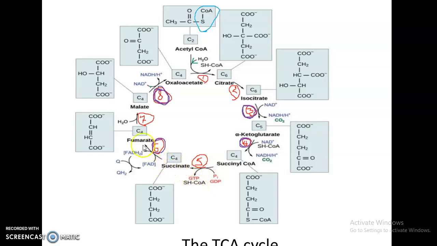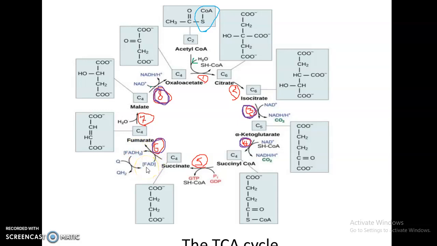Then succinate will be converted into fumarate. The compound after succinyl-CoA will be a 4 carbon compound. Here you can see 4C, 4C, 4C, 4C. In the conversion of succinate into fumarate, there is making of FADH2 from the FAD molecule.